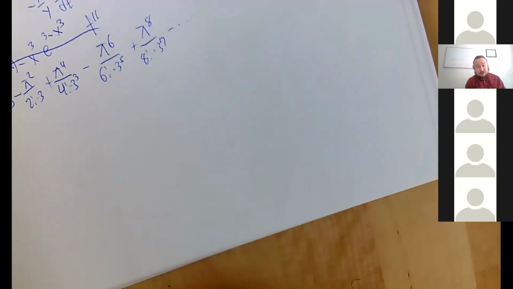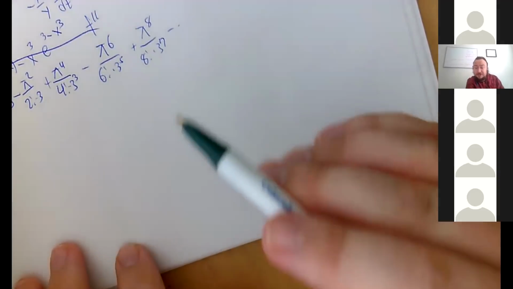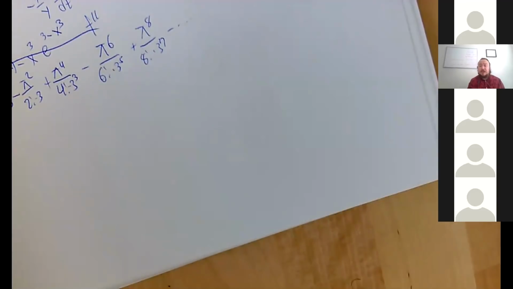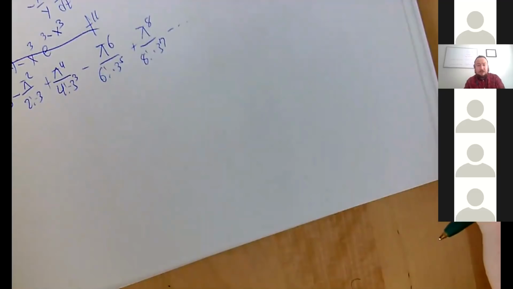This should be enough information to find a pattern. Now, what we want to do is find the sum of the series. But the problem is that it's not geometric or telescoping, so we can't use either of those methods to find the sum of the series. So instead, we need to do something else.